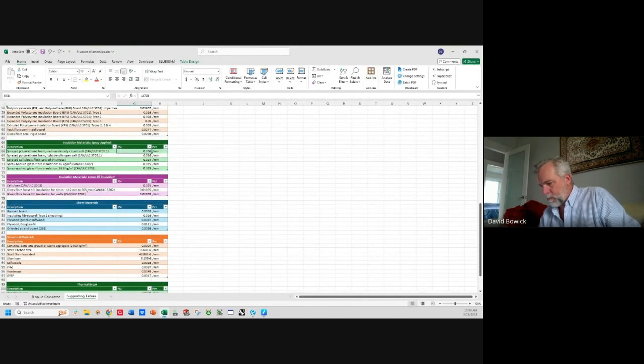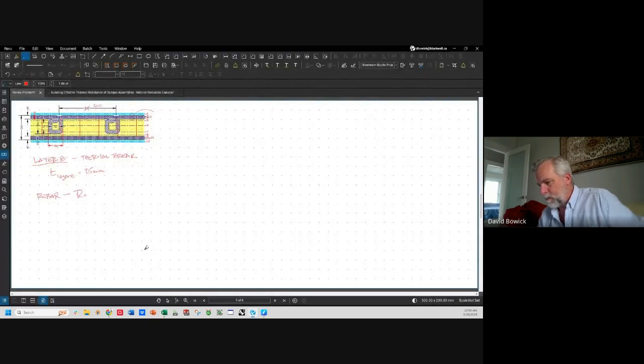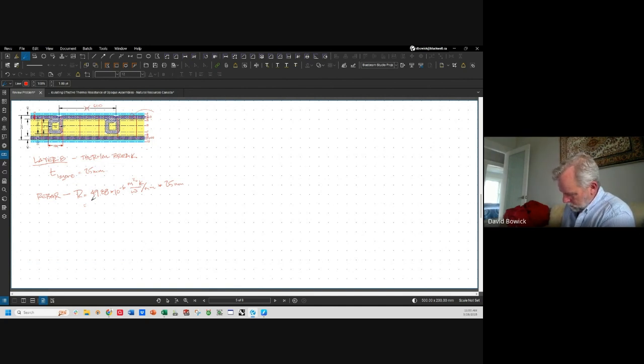Rebar, stainless steel, 49.88 times 10 to the minus 6 meters square degree Kelvin per watt per millimeter times 25 millimeters equals 0.00125.